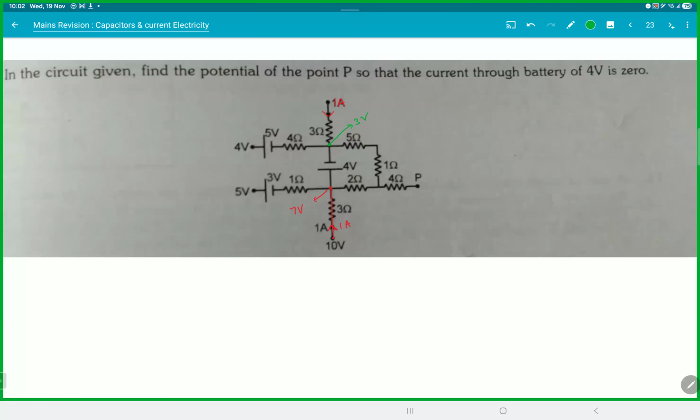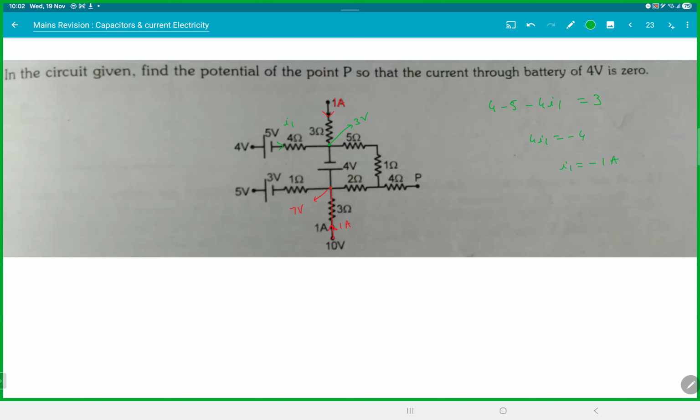Now, if that is 3, then what will be the current in this branch? That will be 4 minus 5 minus 4i1. You reached 3. That would be 4i1 is equal to minus 4. The i1 is equal to minus 1 ampere.